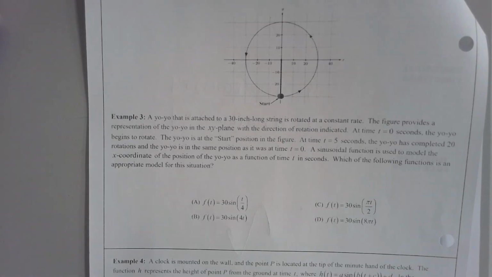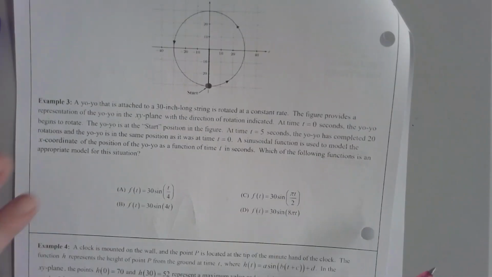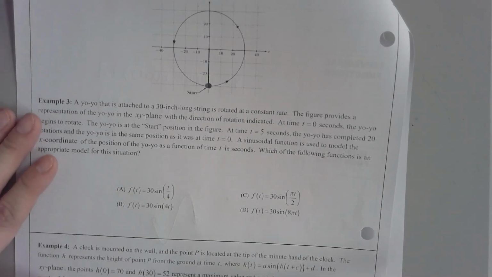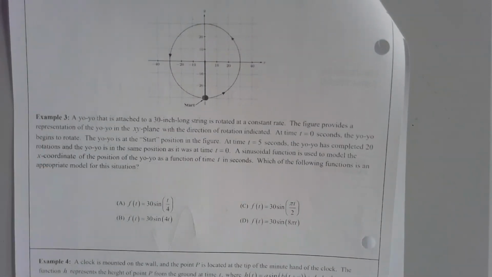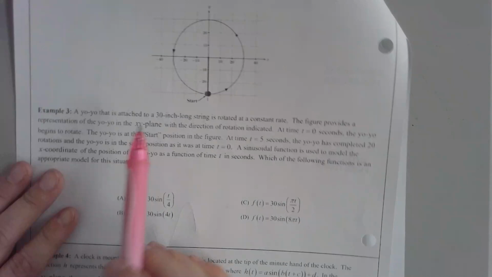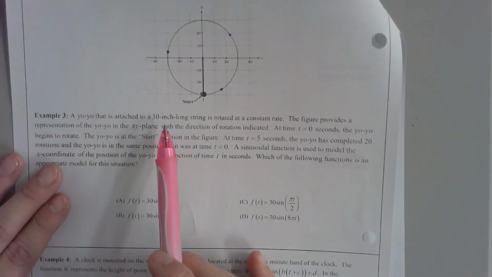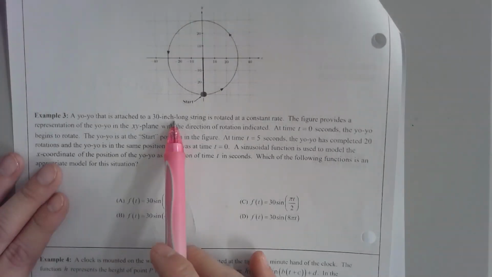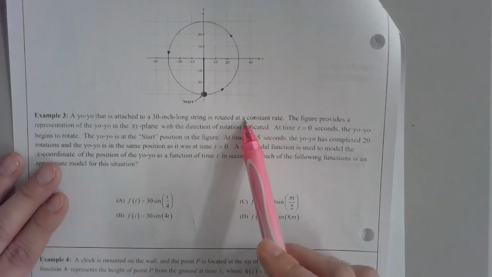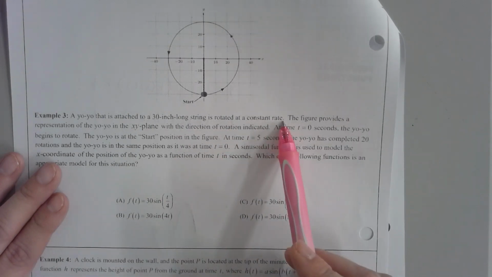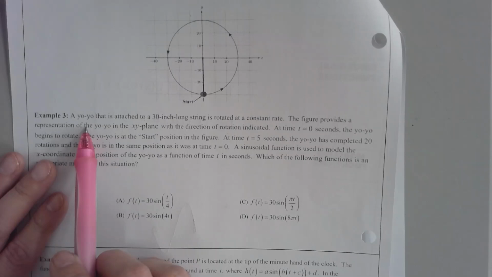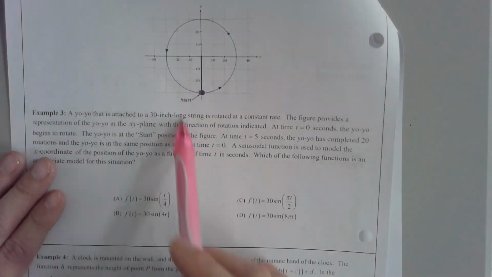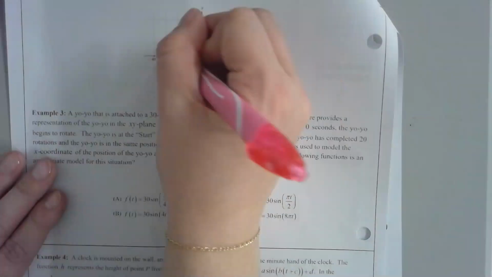Problem is using lots of words, but you're going to read through them and just kind of mark out what you know. With a constant rate. Provides a representation of the yo-yo in an xy plane with the direction indicated.